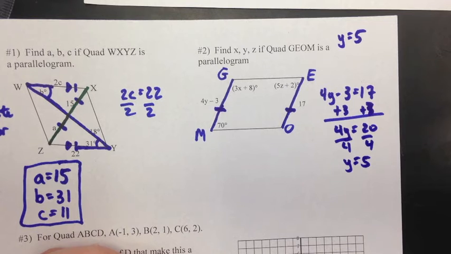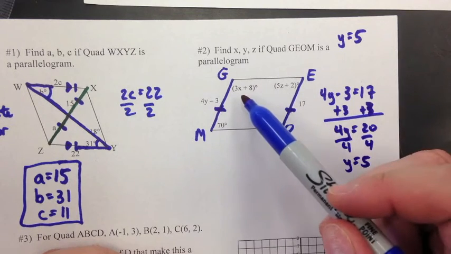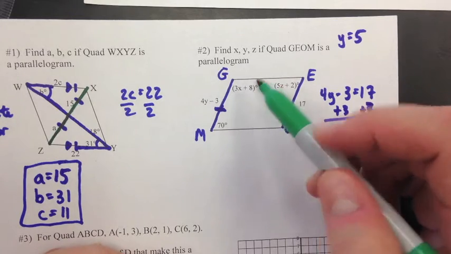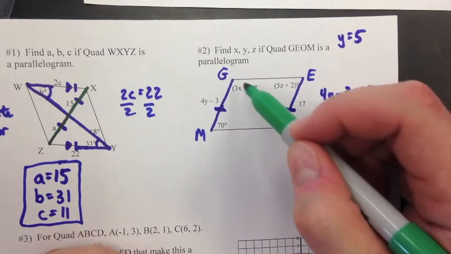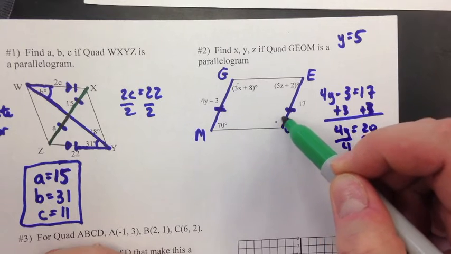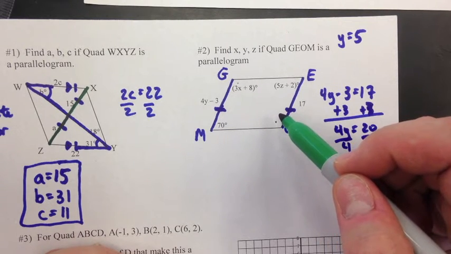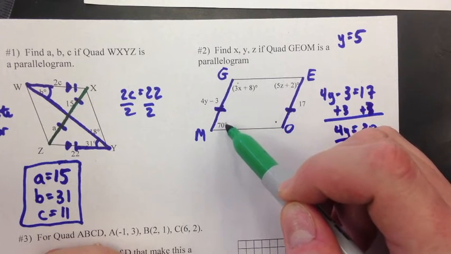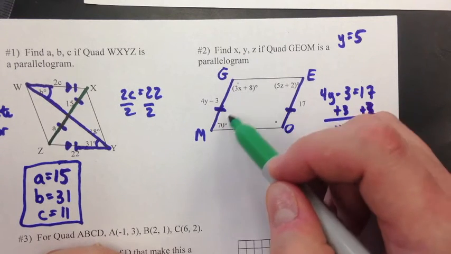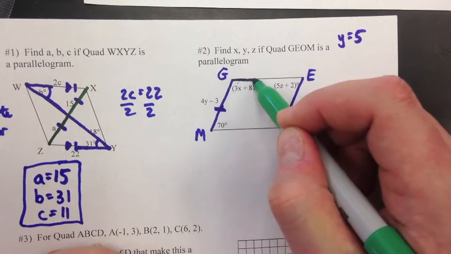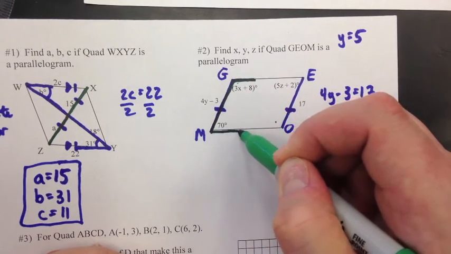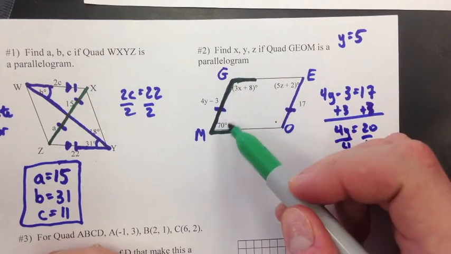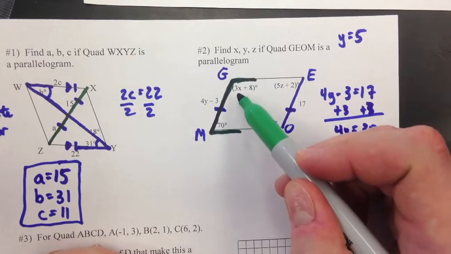Now let's see, we need x, we need z. The x is an angle measure, 3x plus 8 degrees. Now the opposite angles are congruent, but I don't know what this one is. All right, so no problem. If I want to find the x, we do have 70 degrees down here. Now they're not opposite each other, they are consecutive angles. Consecutive angles make this kind of C shape. Now they're not the same, they add up to 180.